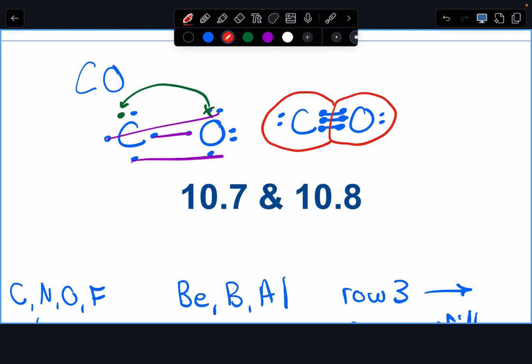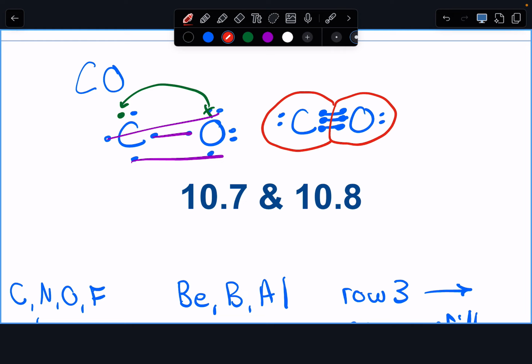Not like when we do the octet rule, where we count all the electrons and count the bonds twice. We're not counting the bonds twice here. We're divvying out the bonds. And we're saying just the ones that are immediately around the oxygen, how many are there?